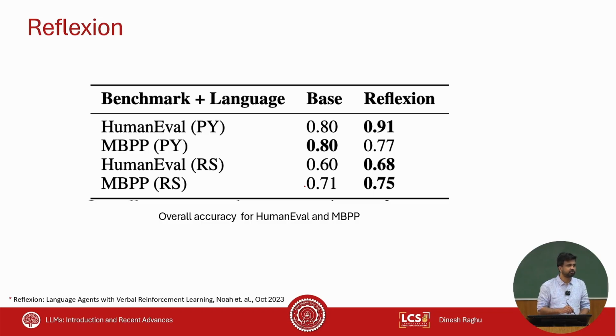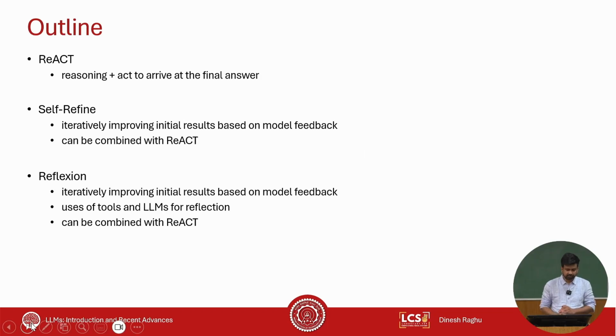You assume that you have access to the compiler and the executor, which will execute and give you back the results, and that will be the evaluator. And then the self-reflection model will look at the output and define what the reflection should be and how the model should correct itself.